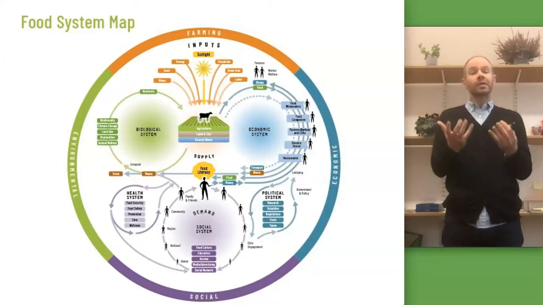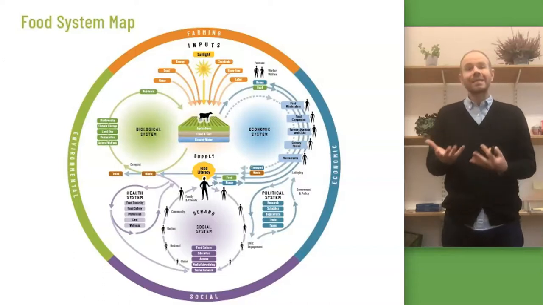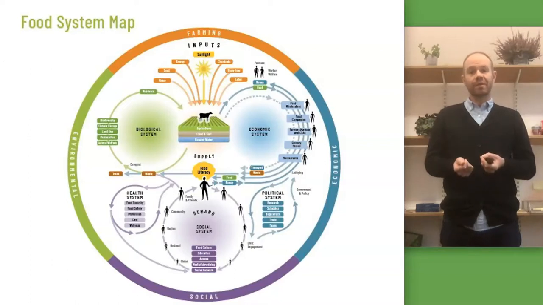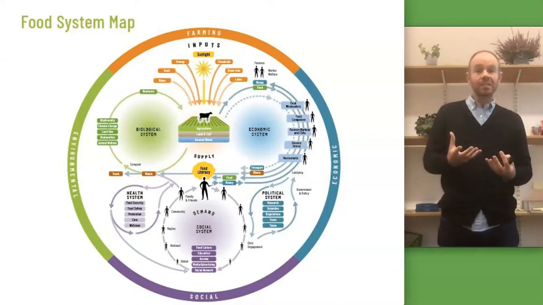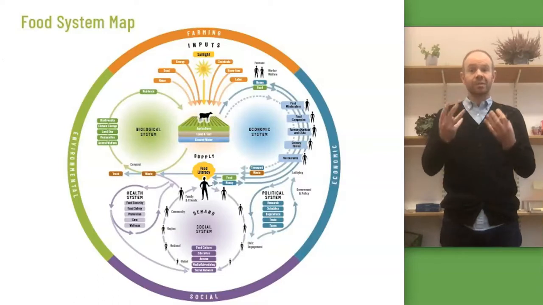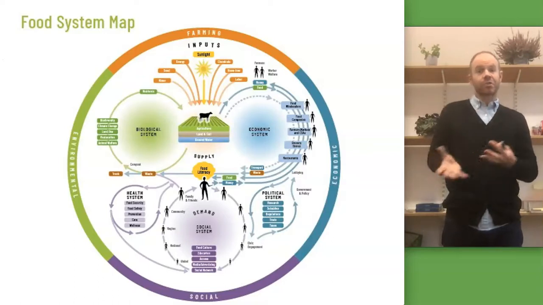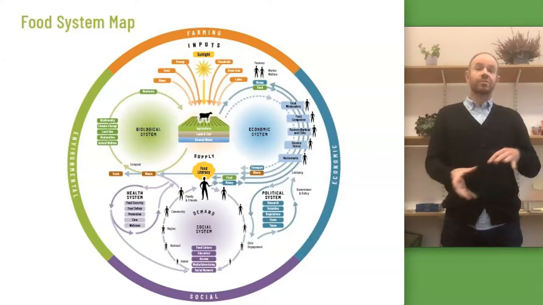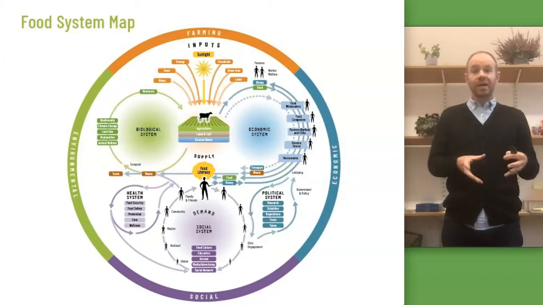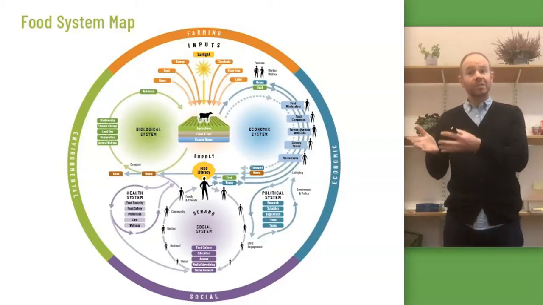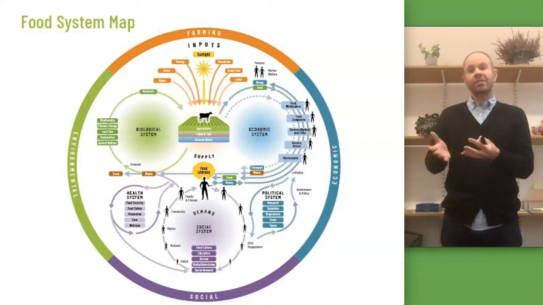We could also look at a food system like this. These are linkages, a little more detail about how a food system operates. So you can see there's inputs, there's energy, there's a supply, there's the health system, there's the social system there on the bottom, there's the political system. We've got biological system with climate change and land use there on the left.